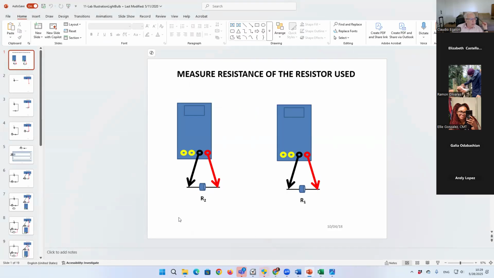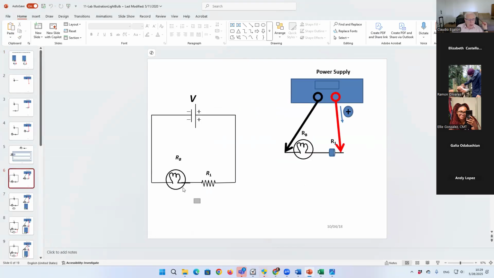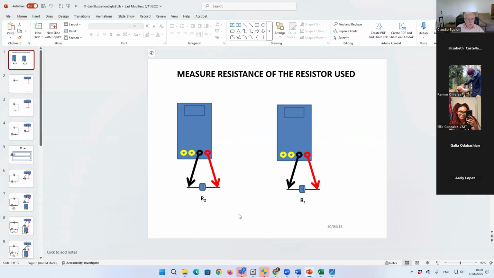So that's what I'm representing here. Here's the illustration of the light bulb, okay? Let me replace that R2 with the RB, okay? See that I put a halo around the bulb, right? And here you go. That's the wire that goes to the tip, and that's the wire that goes to the side, right?